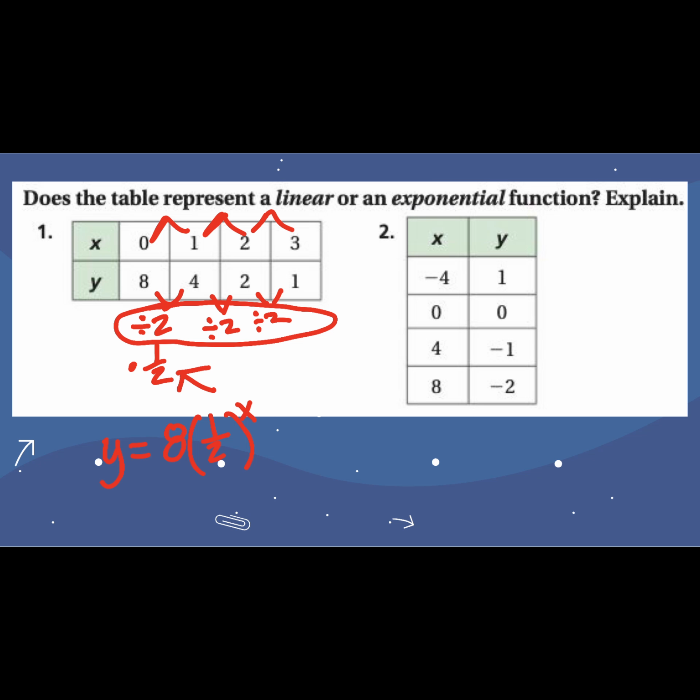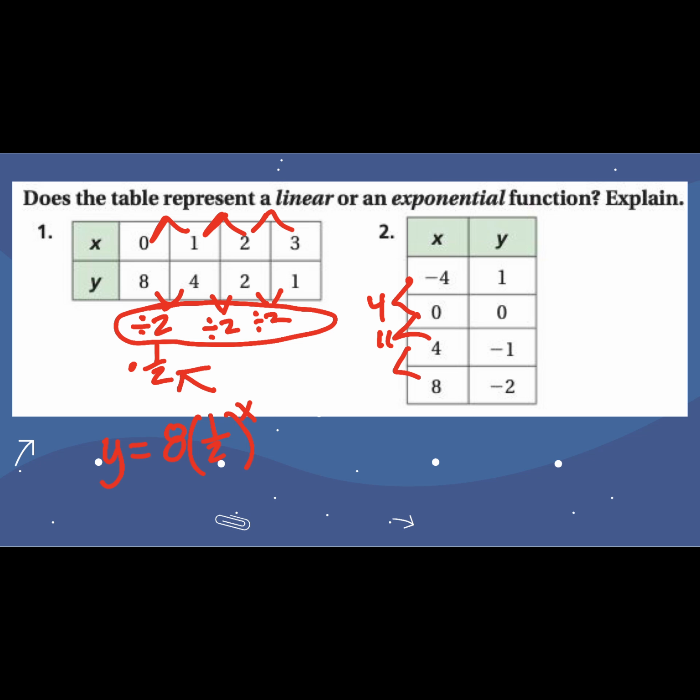All right, number 2. Are we looking at a linear or exponential function? What do you think for linear? Now everyone's scared to say that it's linear because they're doing exponential. All right, exponential. Let's see. Our x's go plus 4 each time, so our x's are all good.